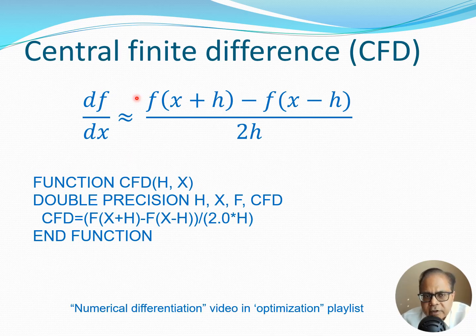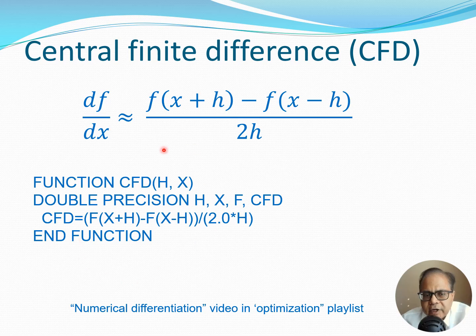Now there is another derivative, the central finite difference formula, which is actually even more correct, or I should say it is more accurate. It is the most accurate among the three formulas I have discussed here. And so this is the formula for this particular derivative, that it's equal to f(x plus h) minus f(x minus h) divided by 2h.